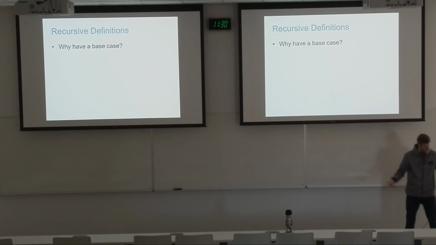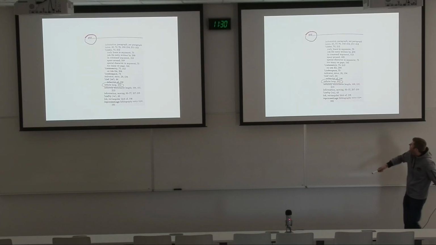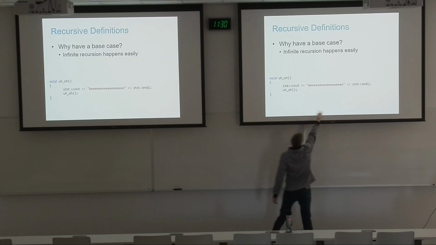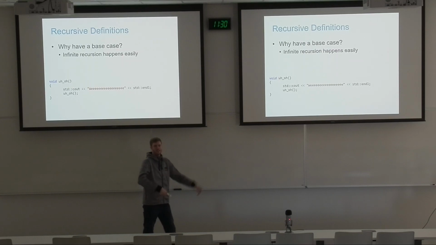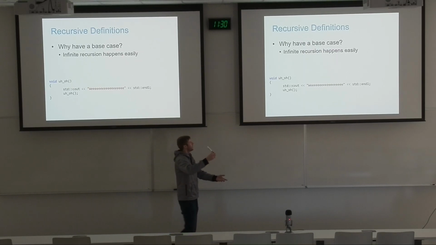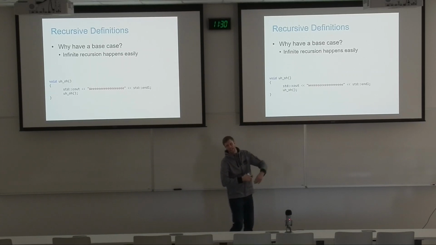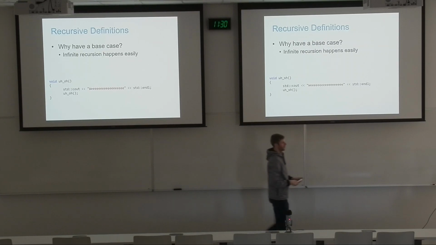Why have a base case? Well, I showed you last time. In this example, we've got our function which just prints out wee, and then we call it. We saw in this case we just kept pushing frames onto the system stack, and eventually we were going to get that infamous exception, the stack overflow.